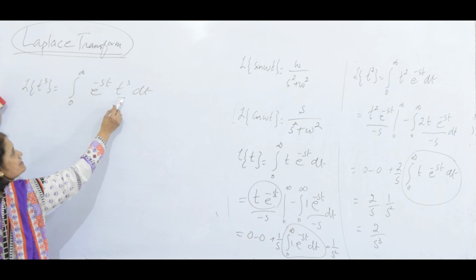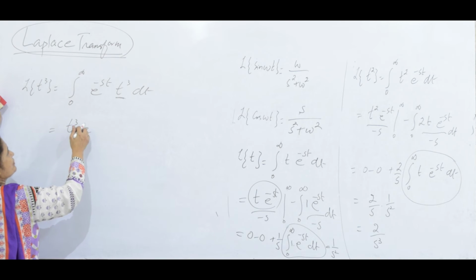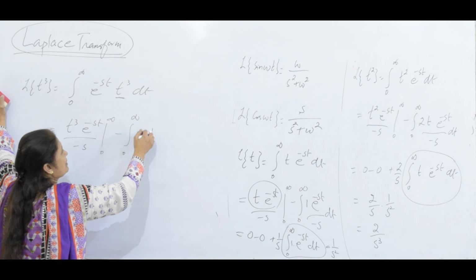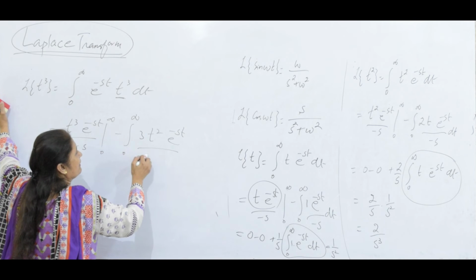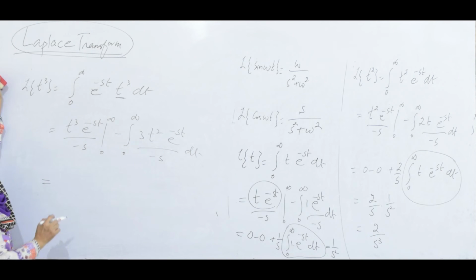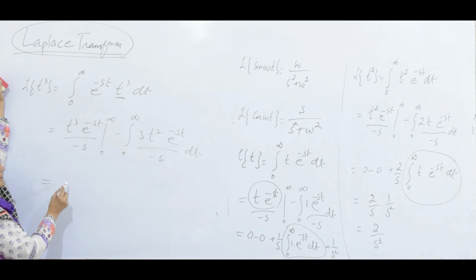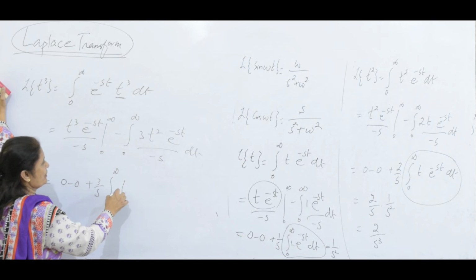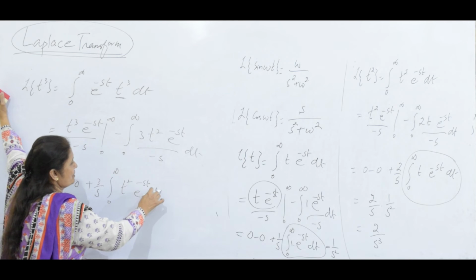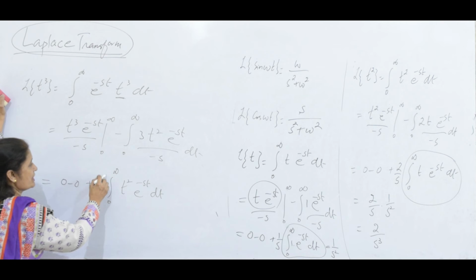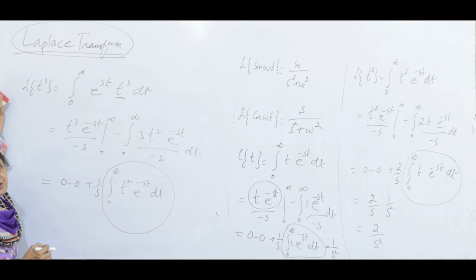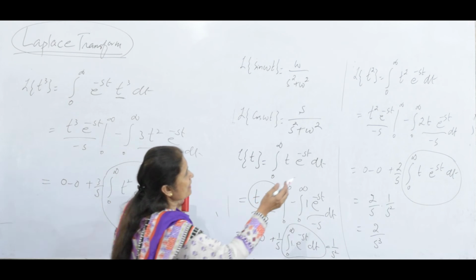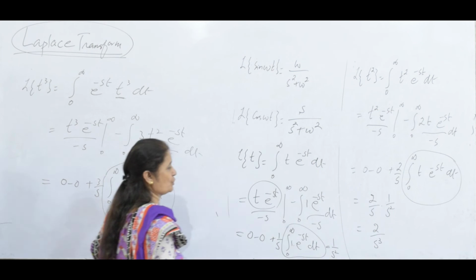Again integrating by parts, the boundary term vanishes by the upper and lower limits, leaving plus 3 over s times the integral of t square e^(-st) dt. That is the Laplace transform of t square, which is 2 over s cube.